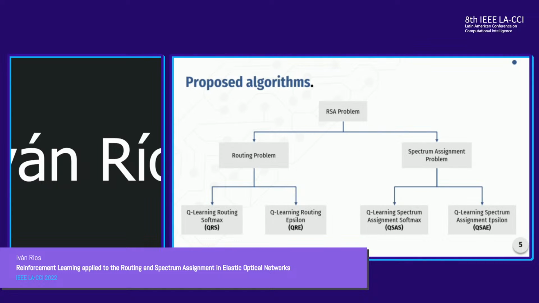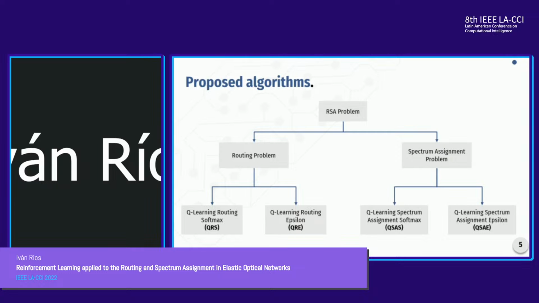We present two approaches based on Q-learning aimed at solving the routing problem, named in this work as Q-learning routing softmax (QRS) and Q-learning routing epsilon (QRE), using the exploration technique of softmax and epsilon greedy respectively.